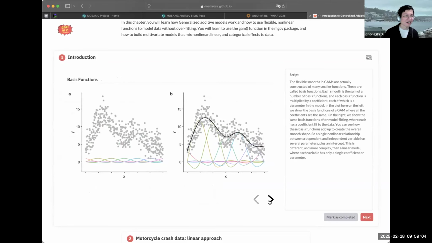Let's see. This is trying to show how it works, for example, why it could capture all these curvatures. The colored lines are really showing you the basis functions they are using internally.